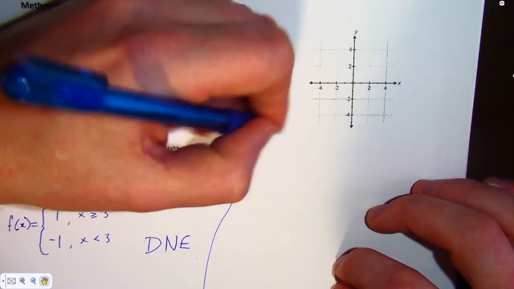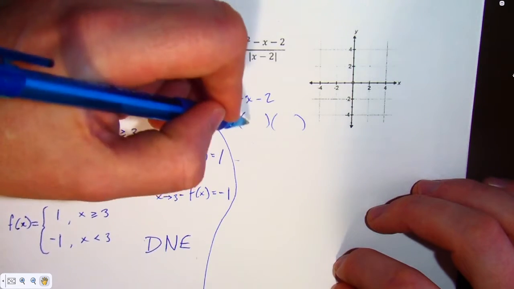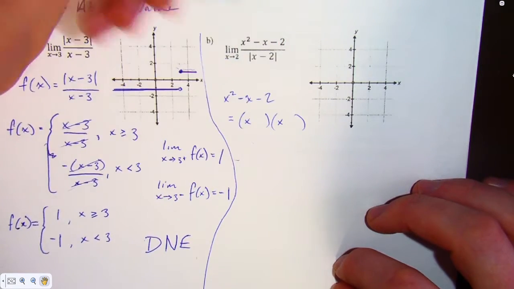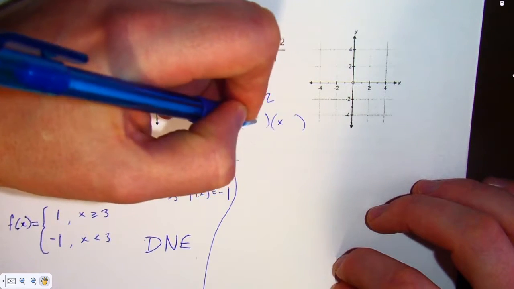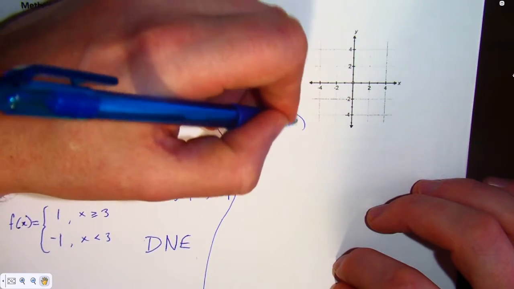So we need two numbers that multiply to -2 and add to -1. So they're going to be -2 and +1.